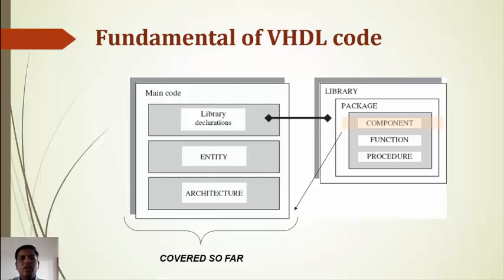Today we have the very first topic, the fundamentals of VHDL code. The diagram we have shown is the VHDL program format. In the main code, the first block is the library declaration, the second block is the entity, and the third block is the architecture. In the library we write the small pieces of code we require in the design.